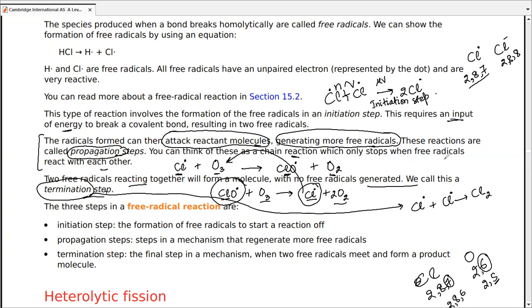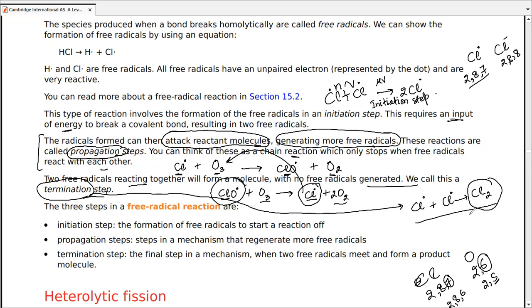Now, the point I was trying to make, I forgot. Yeah, I was talking about the termination step. So in the termination step, two radicals are going to react to form a molecule. This actually happens with chlorine gas. Chlorine does not exist in the form of atoms. Chlorine tends to exist in the form of diatomic molecules, which we call chlorine gas, which is this one.